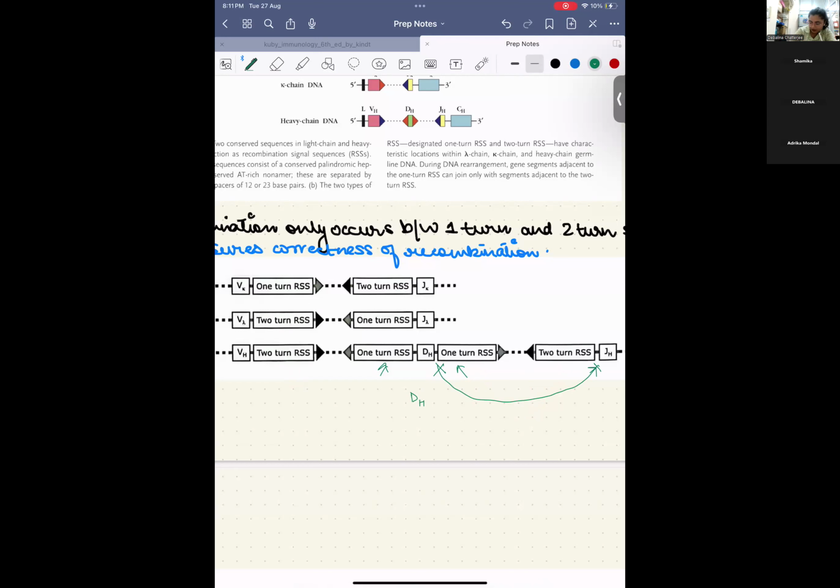So ultimately what we are left with is this combination, but this is still flanked by a one-turn RSS. So now the attack will be from this position to this position, and the splicing is going to happen from this to this position. So ultimately we have a VH, DH and JH.